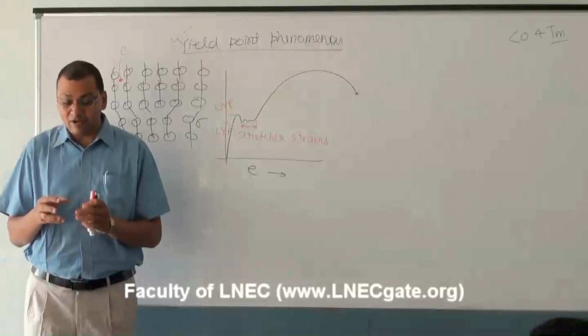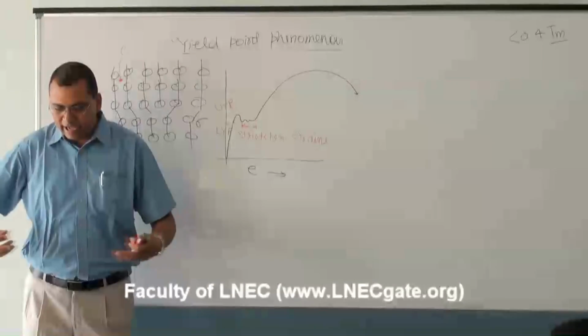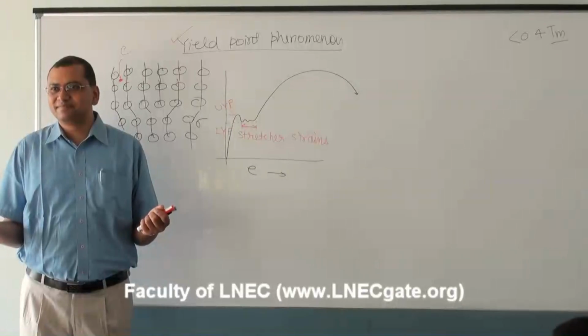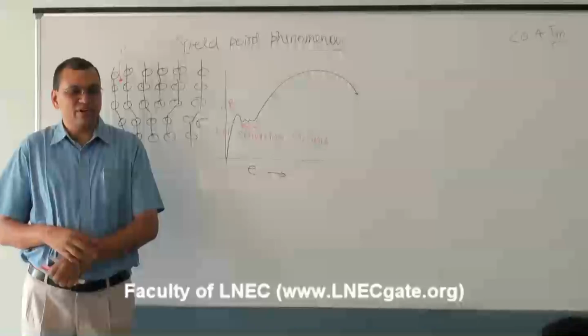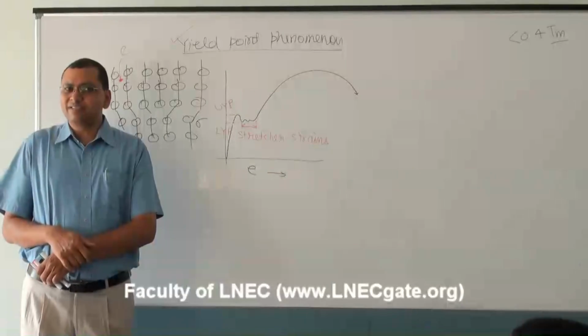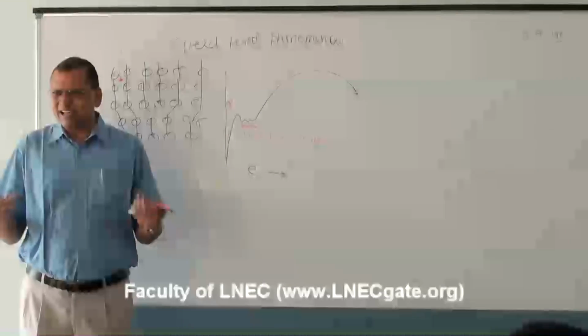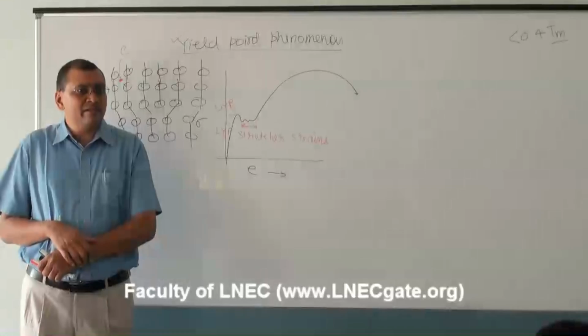So suppose carbon or nitrogen is present at some interstitial site, iron is pushing from all sides. So carbon is very much uncomfortable because all the iron atoms from all sides are pushing carbon. So carbon thinks, is there any suitable place for me where I can be comfortable?